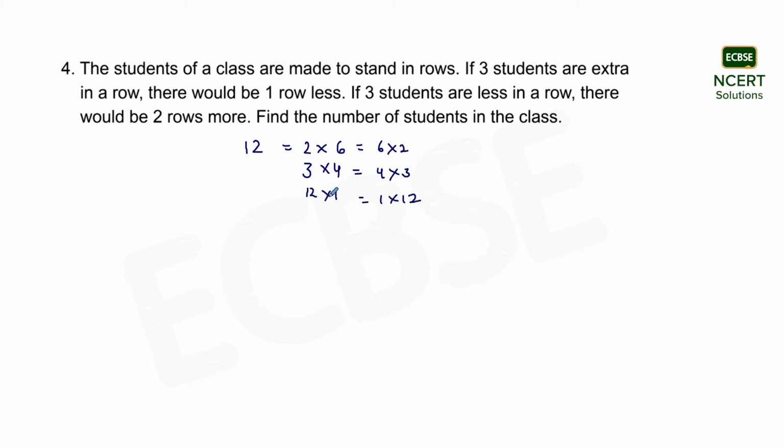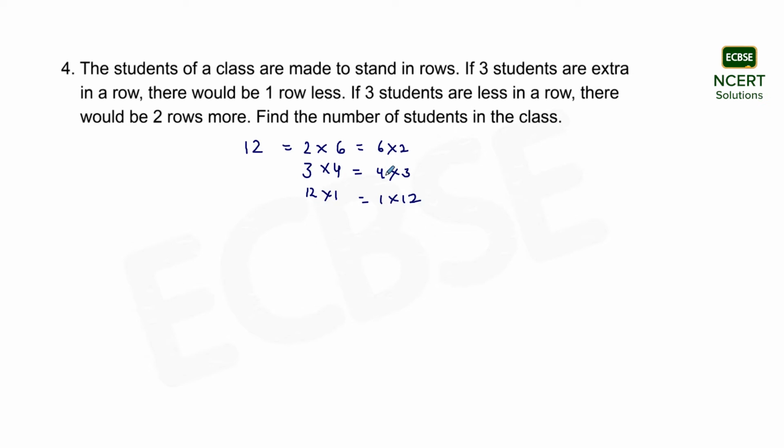But these 3 possibilities in themselves have 2 possibilities each. What are those? These integer numbers can be interchanged. Or in other words, the rows and the columns are interchangeable. That is, there can also be 6 rows 2 columns instead of 2 rows 6 columns.